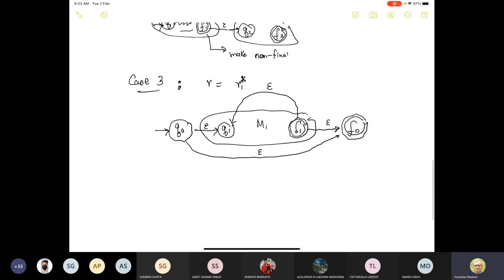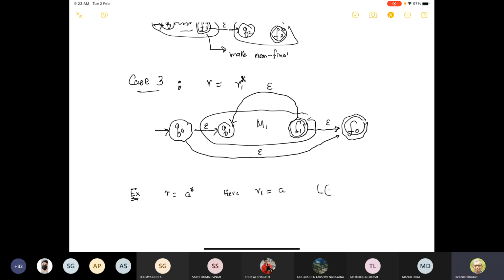Well, just take an example. What example should I take? Should I take a very simple example first? Take R equals A star, right? So here R1 is A, right?